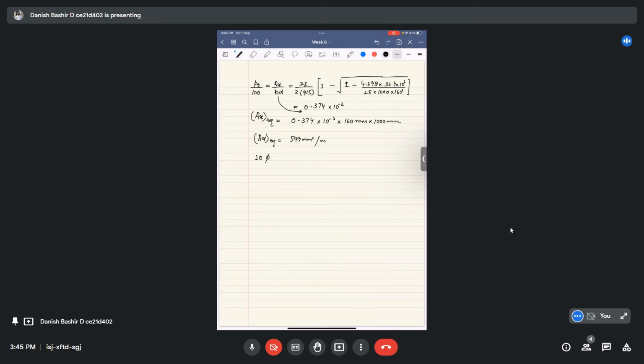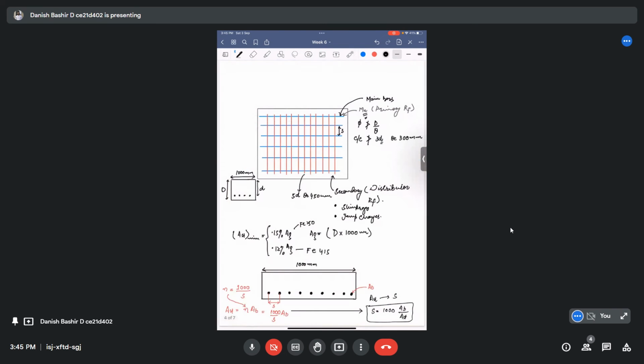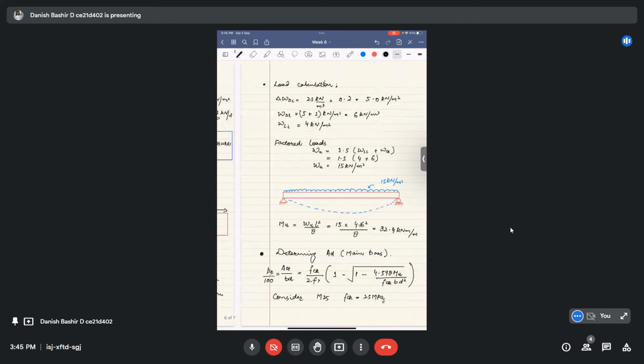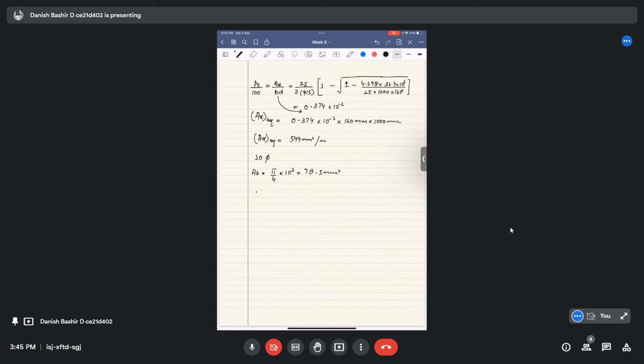So I already told you the formula for the spacing. Firstly, we have to calculate the area of one bar, which is pi by 4 d square, 10 square. So it will be 78.5 mm square. And Ast is already given.